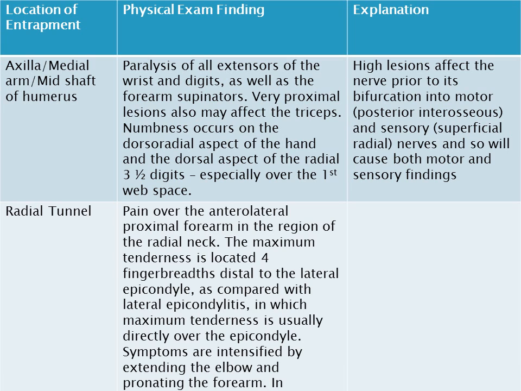aspect of the hand and on the dorsal aspect of the radial 3.5 digits, especially over the first web space. And you should remember the first web space as the autonomous zone for the radial nerve.